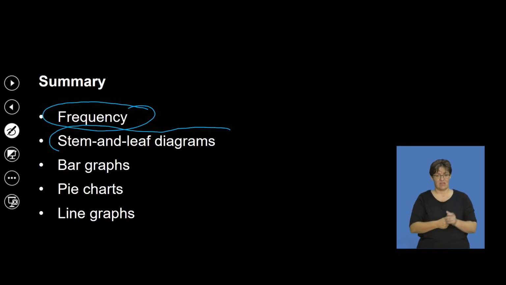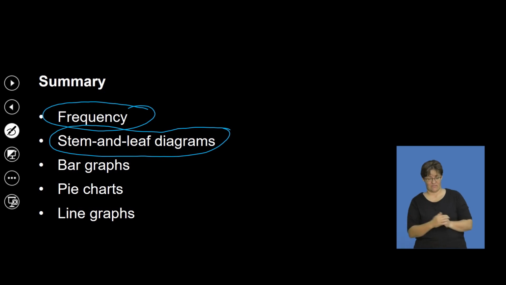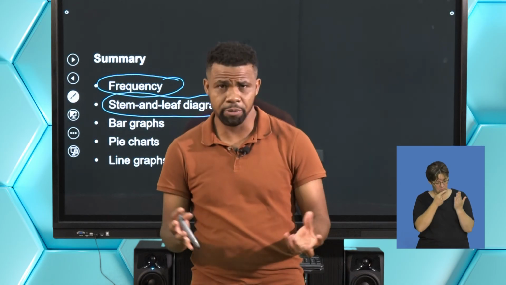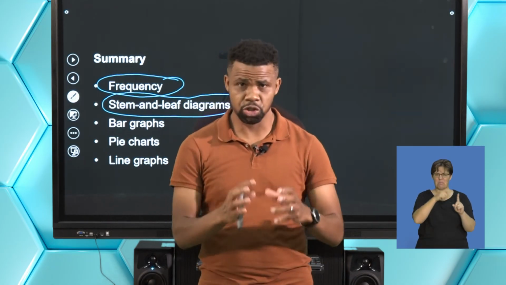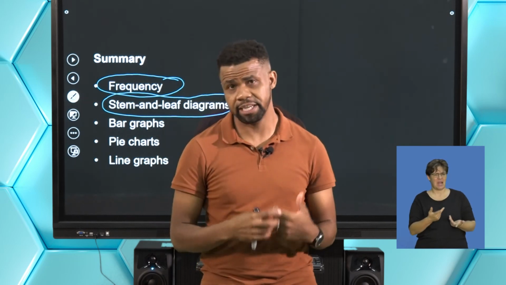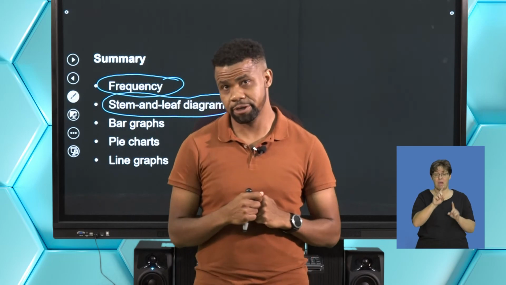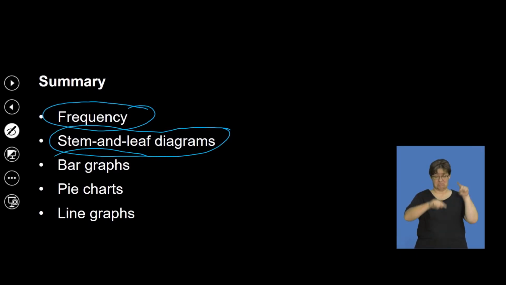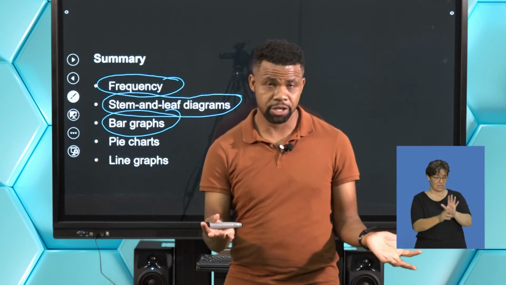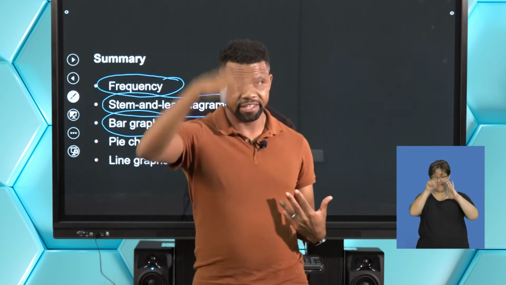Stem and leaf, we've seen stem and leaf, you have a stem, then you have leaves. I've not seen that in the media or other ways, unless in books. I'm not sure why people are not using the stem and leaf to represent data. Maybe it's not really that sufficient. Bar graph, I've seen quite a lot, representing data.